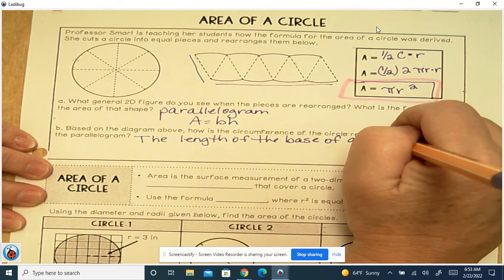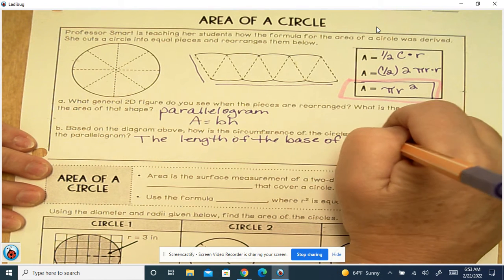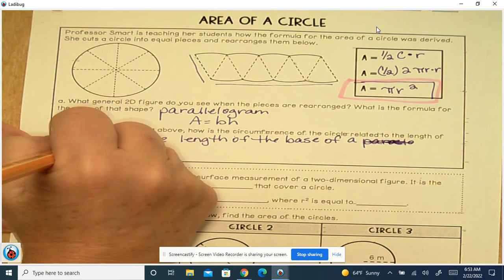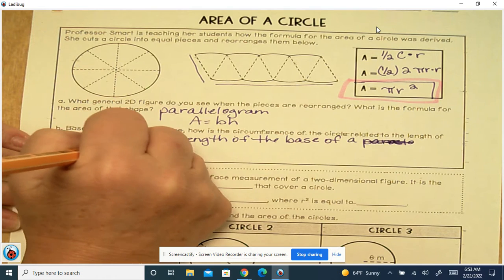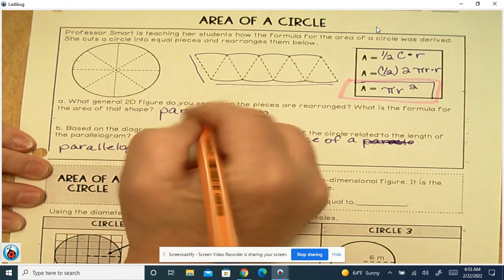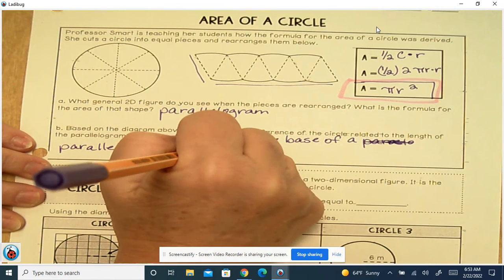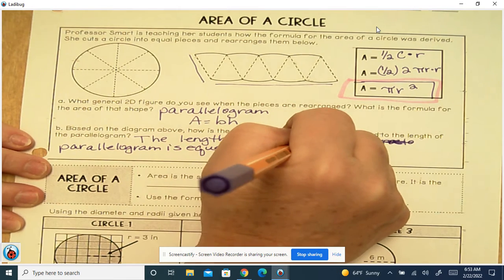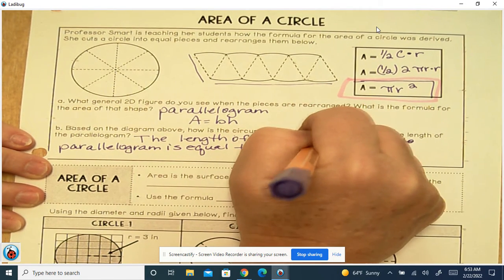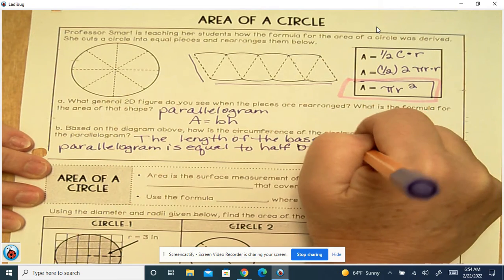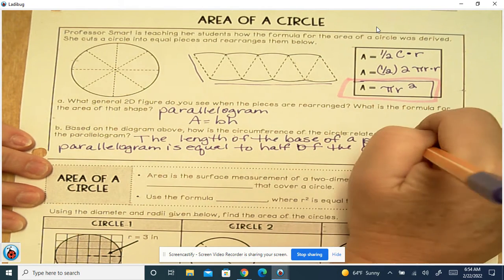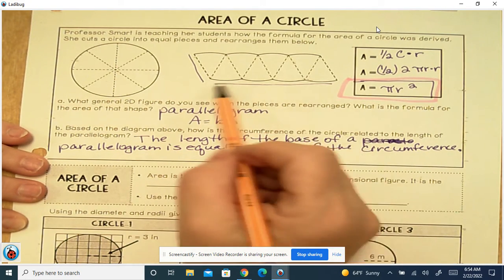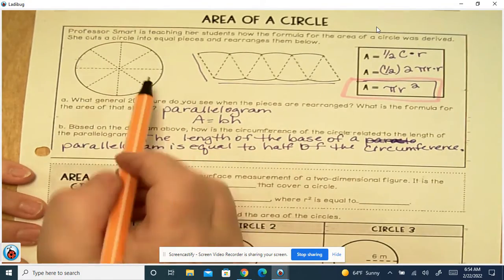The parallelogram is equal to 1/2 of the circumference. So the length of this parallelogram is equal to 1/2 of the circumference.